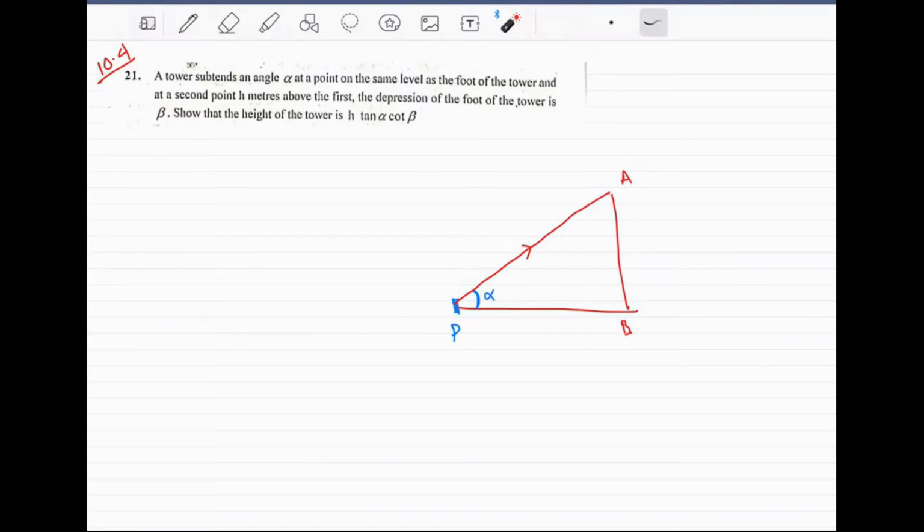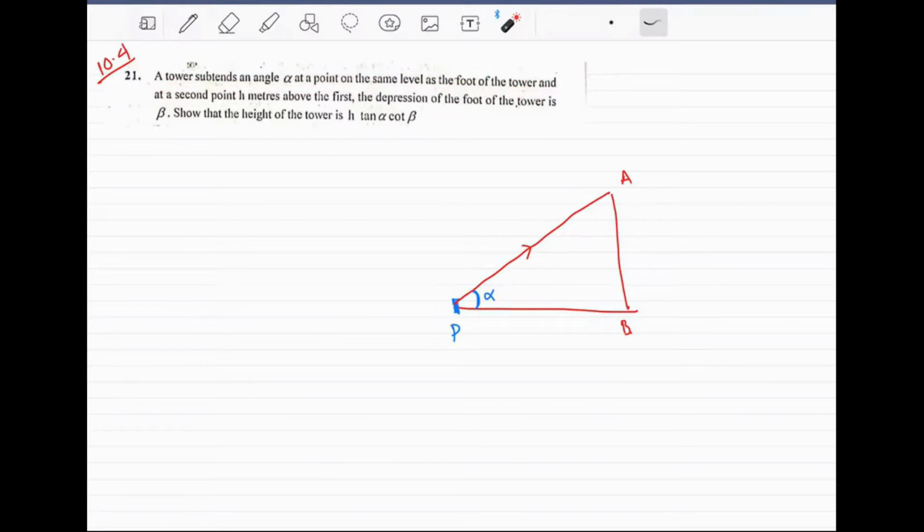Once you get the diagram right, good; if you get it wrong, the whole question is going to be wrong. Make sure you have your drawing correct, otherwise no marks whatsoever. You will get 0 even if your calculation is correct, if the diagram is wrong. And we have interpreted up to this part.